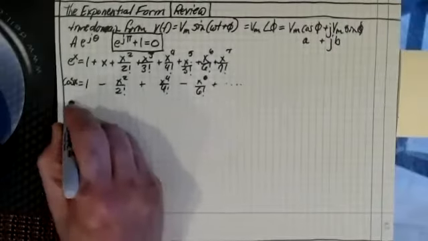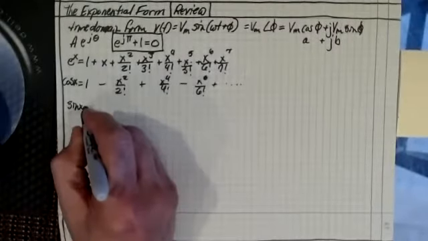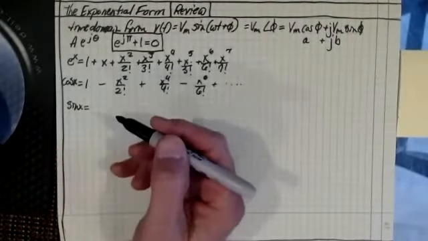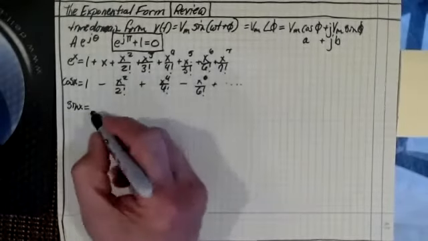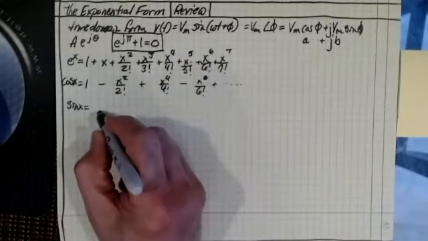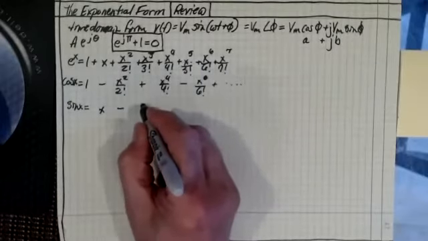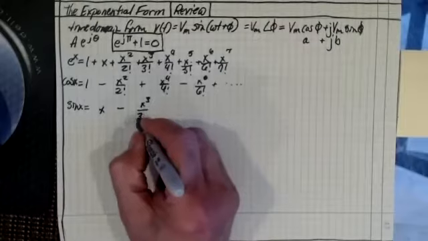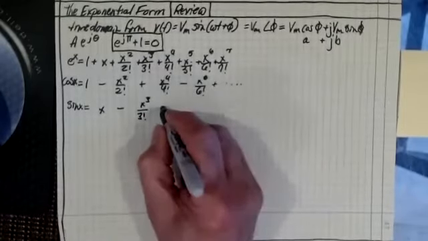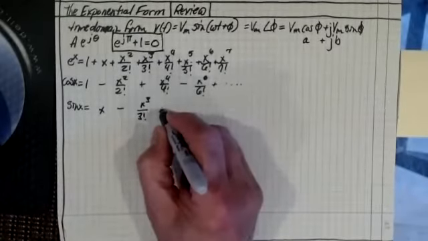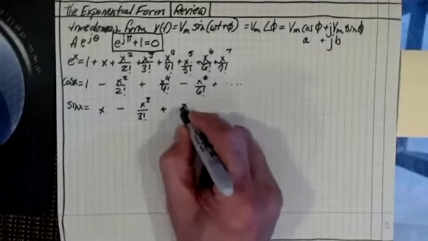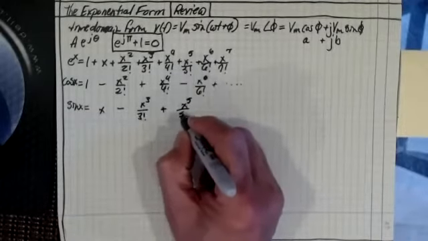And then sine x, if I look at its expansion series, it is x minus x cubed over 3 factorial plus x to the 5th over 5 factorial, minus x to the 7th over 7 factorial, right?